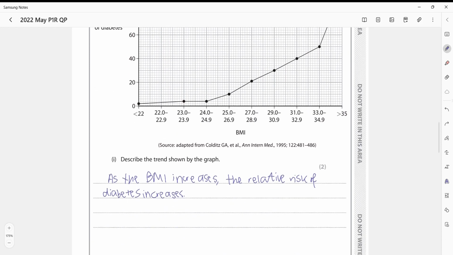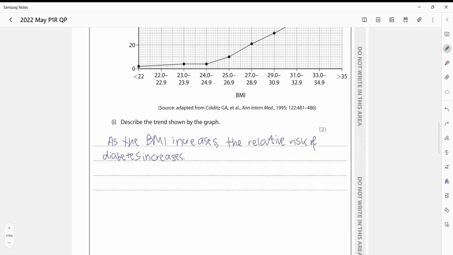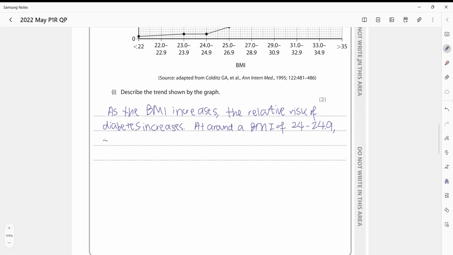So you can say at around a BMI of 24 to 24.9, the risk increases rapidly.